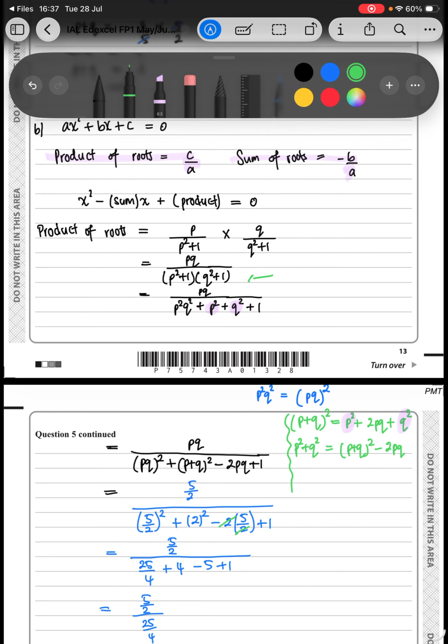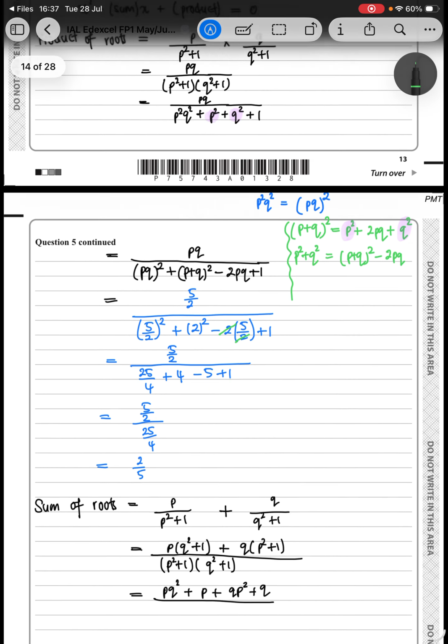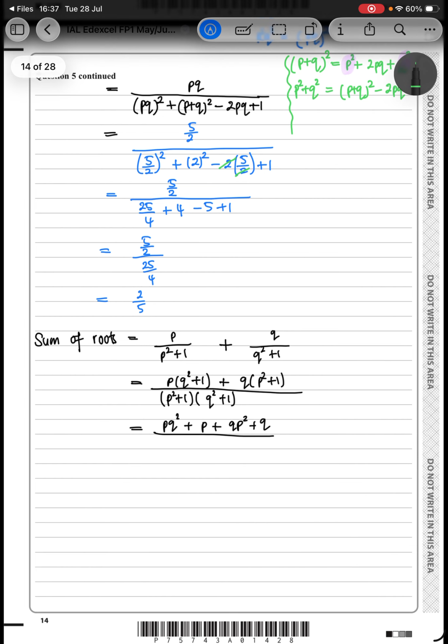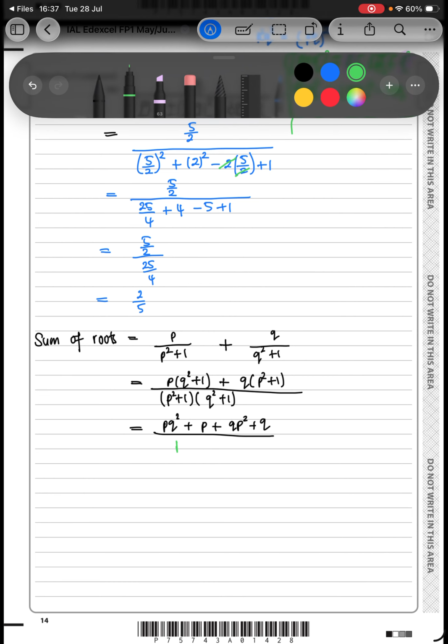This one, it's the same thing. So we shall write the same denominator and later substitute in the value that we found. So we can write that as p squared plus 1 times q squared plus 1. Now we can group pq squared and qp squared as 1 and p and q as 1, the additions.